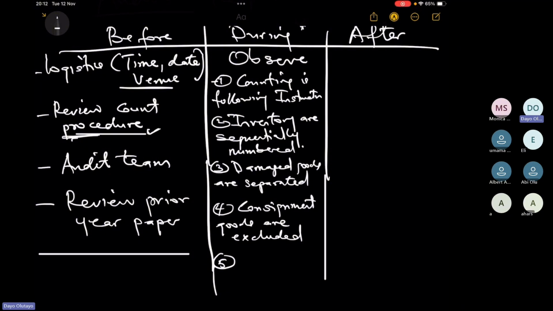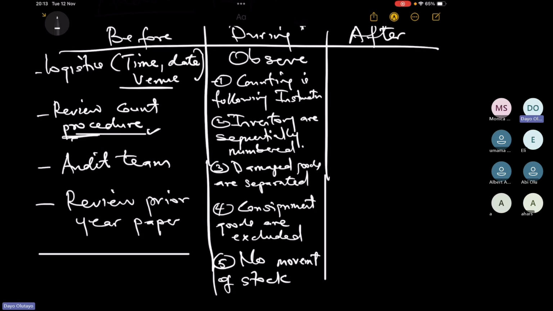And likewise, observe that there is no movement of goods, of stocks. Because when I'm doing my counting, I don't want clients to be moving some goods from one shelf to another, because that's how a place that I've counted before, they will now move things from there to another place that I've not counted. And I will now be counting one good 2 times, 3 times, and overstating their inventory.